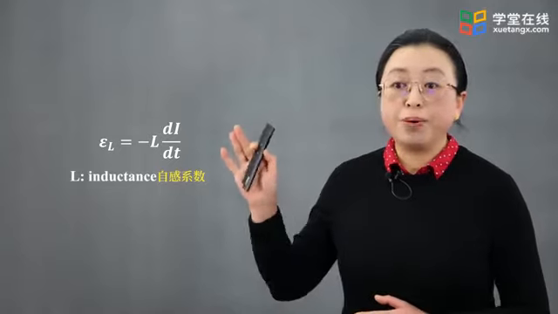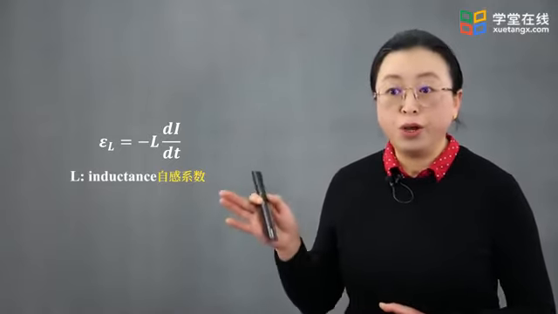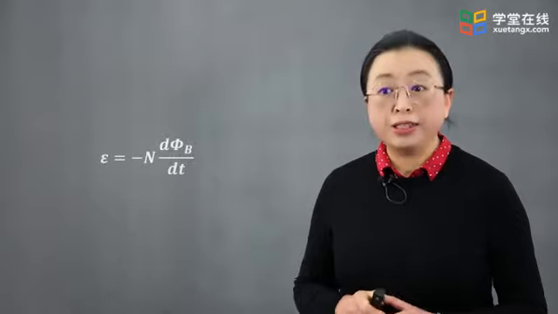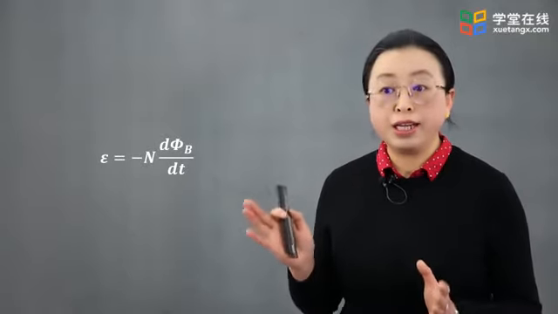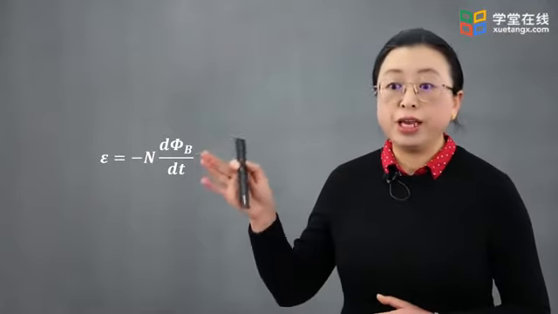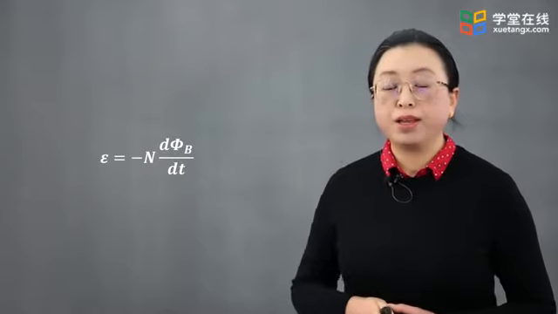Here, L is a proportionality constant. We call it the inductance of the loop, which depends on the geometry of the loop. We know an induced EMF epsilon equals minus d phi B over dt. If the circuit consists of a coil with N turns carrying the current I, we have epsilon equals minus N times d phi B over dt.